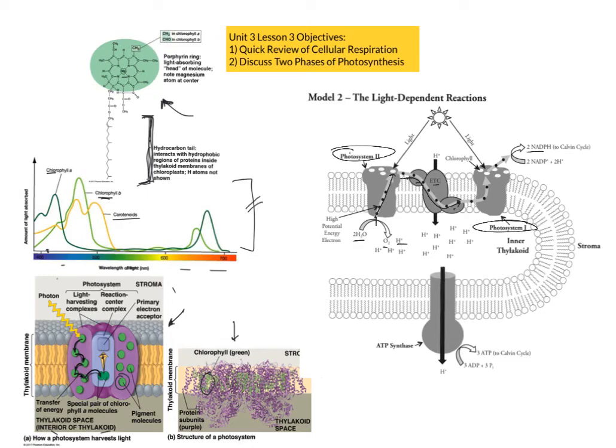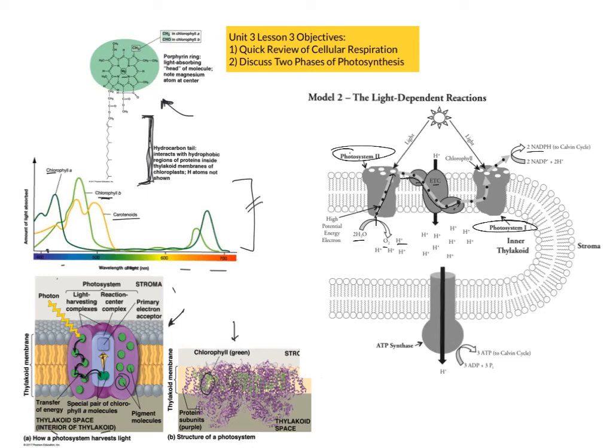So unlike cell respiration, where the electrons are already excited when they get to the electron transport chain, in this case we have to excite the electrons using absorbed solar energy before they enter the electron transport chain.